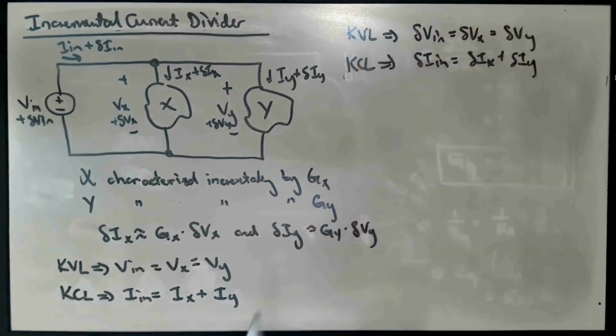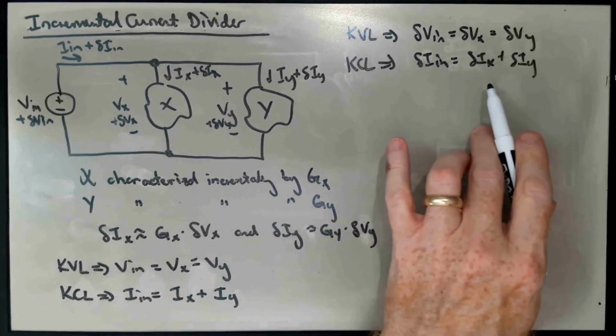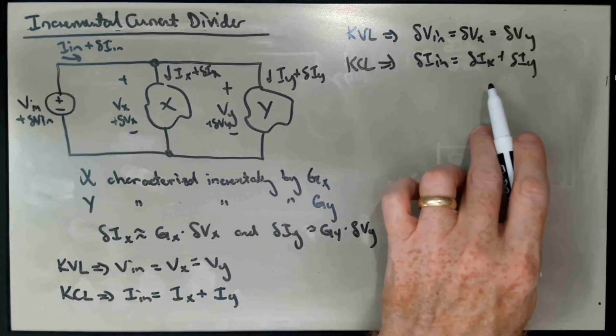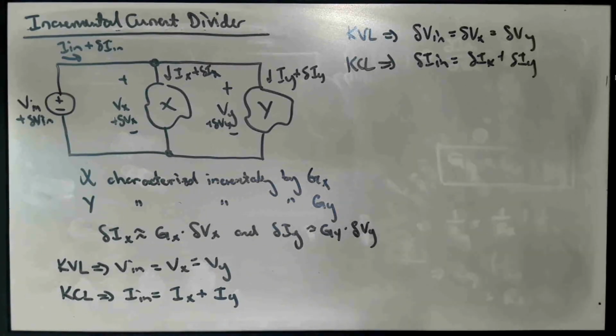And you can show these incrementally by just taking the before KVL and the after KVL and subtracting them. And you can take the before KCL and the after KCL and subtract them, and you get these incremental KCL and KVL relationships that hold among the changes. Okay?